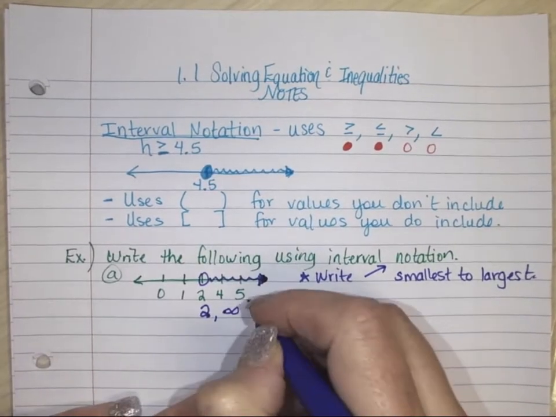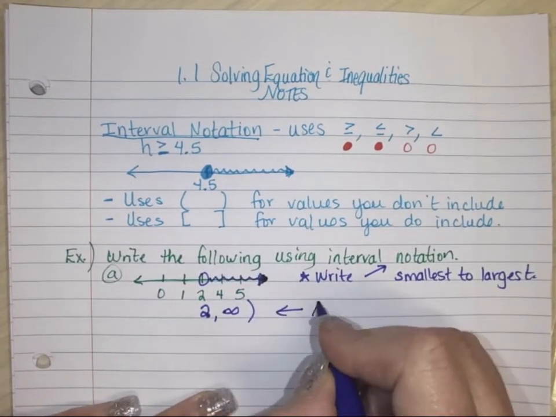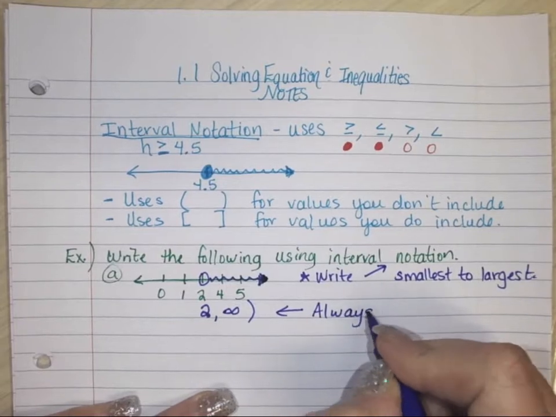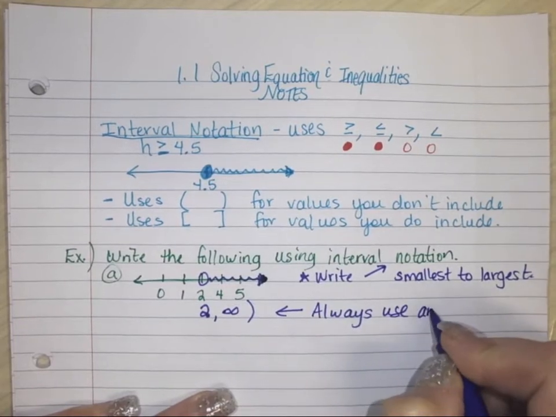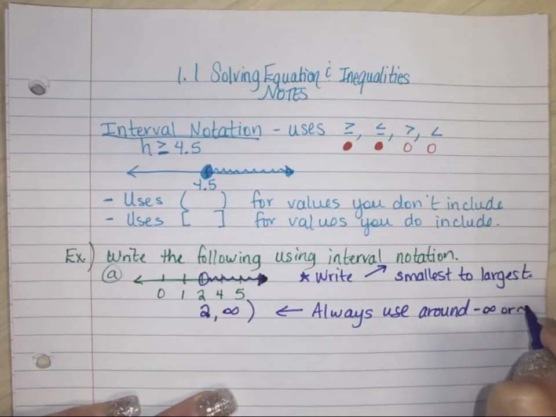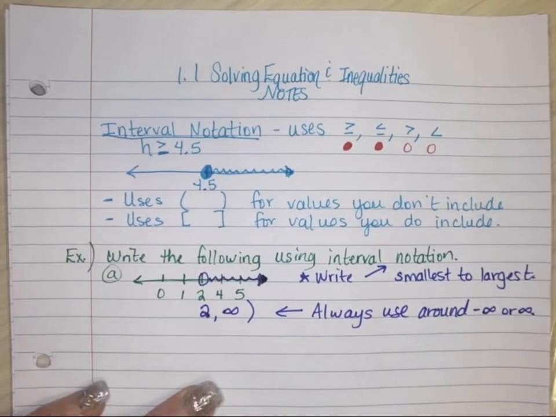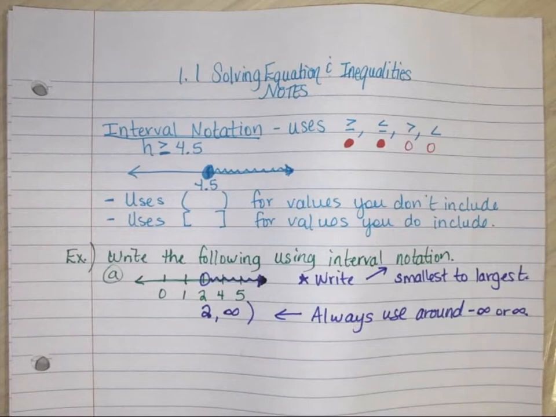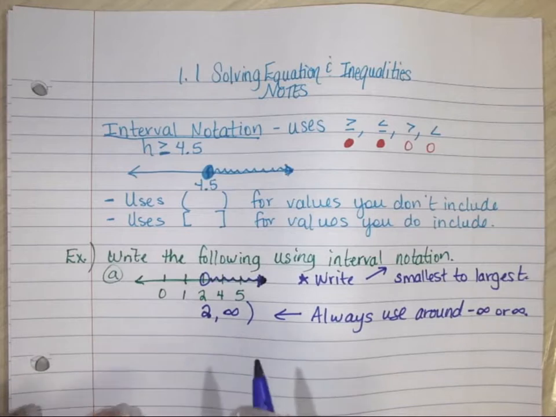Now, you always will use parentheses around negative infinity or infinity. And the reason is, think about it, can you actually touch infinity? Can you actually be on a particular value of infinity? No, you can't.